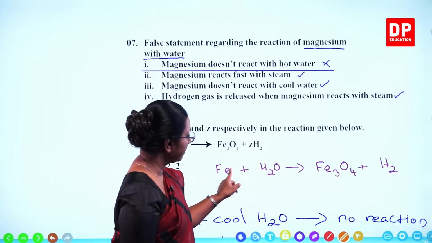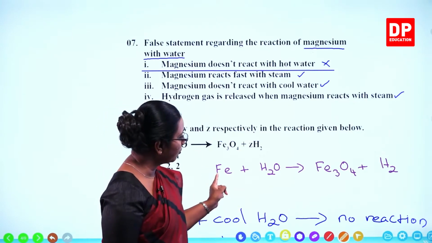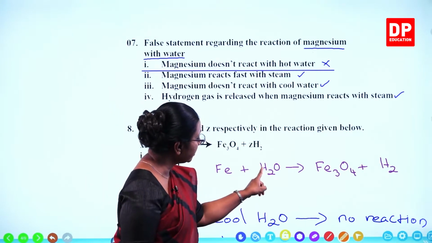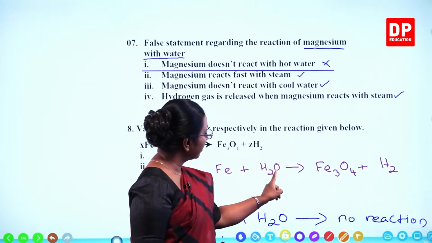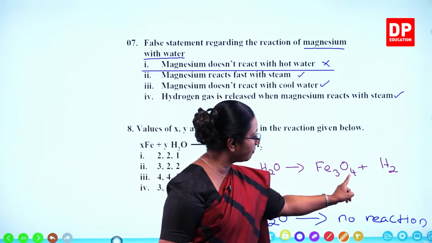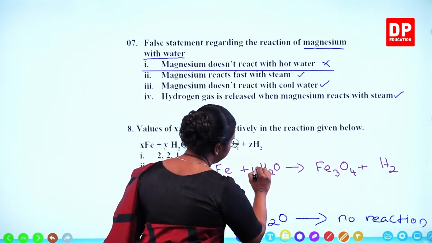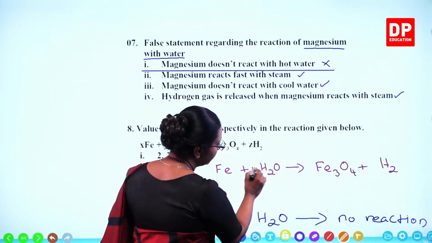Now here you can see Fe3. So you need to have a 3 here, but before that we need to balance the other substances. Here see H2O: there are 2 hydrogens, but oxygen there's only 1, while there are 4 oxygen atoms. So what do we need to do? We need to put a 4 here. So oxygen becomes 4, but then hydrogen is 8.